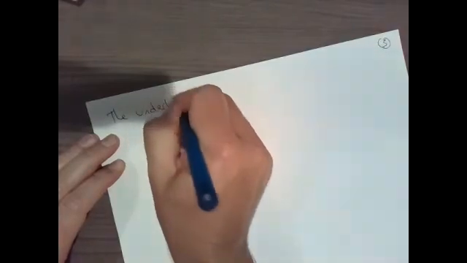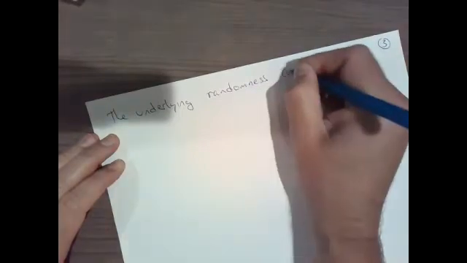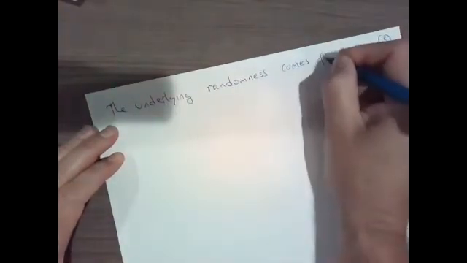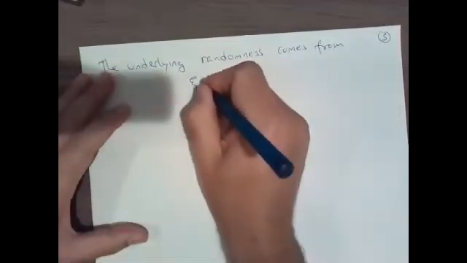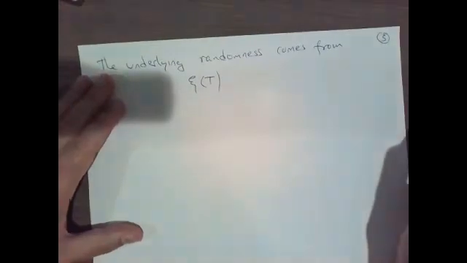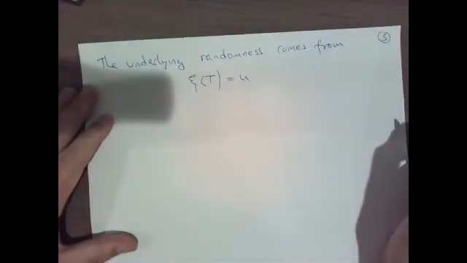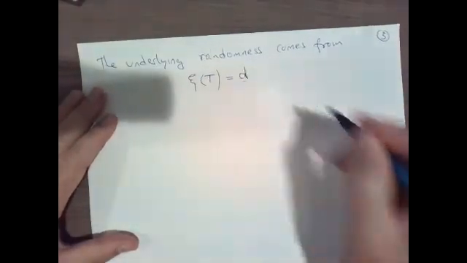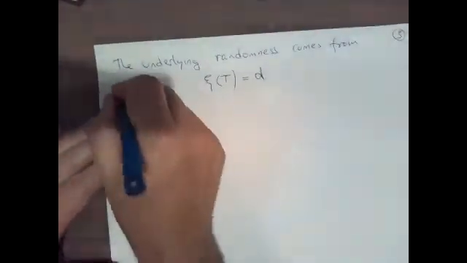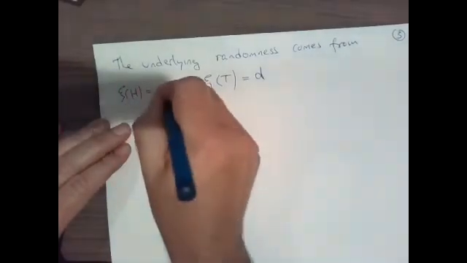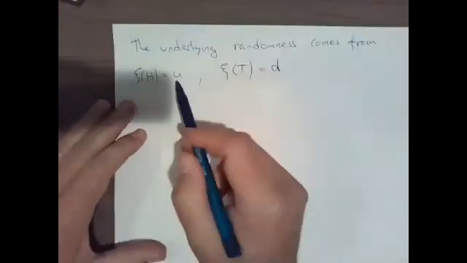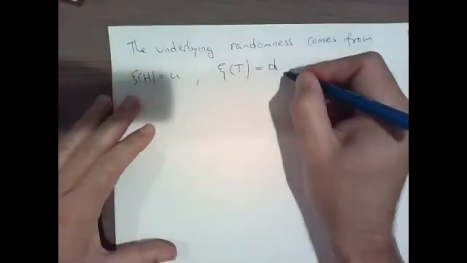So the underlying randomness comes from this variable psi, which can take 2 values. It comes from psi being U, and if you see tails, this is probably a D. So if you see tails or if you see heads, actually the underlying randomness is this random variable psi.